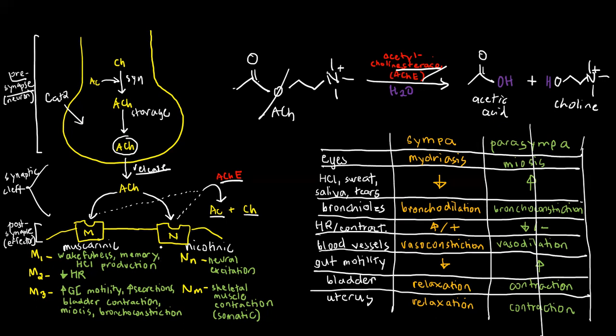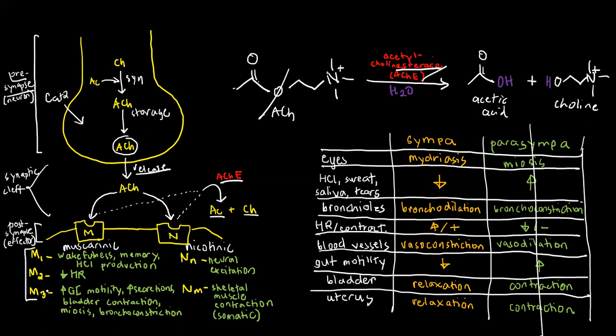Now, equally important to knowing the life cycle of acetylcholine is the subdivisions of our receptors, because knowing this will help us know how our drugs later will work. First, we will talk about the muscarinic receptors here. I listed 3. The truth is there are 5 well-known muscarinic receptors.